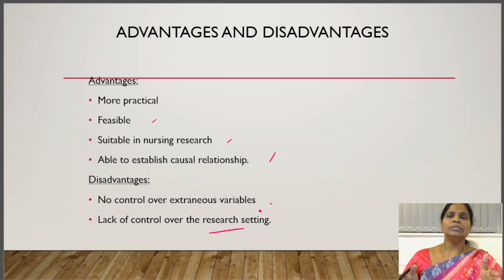It involves a period. When we say time series, it involves a period. How nursing has made its transformation when compared to previous 5 years or 10 years, how the changes have occurred.